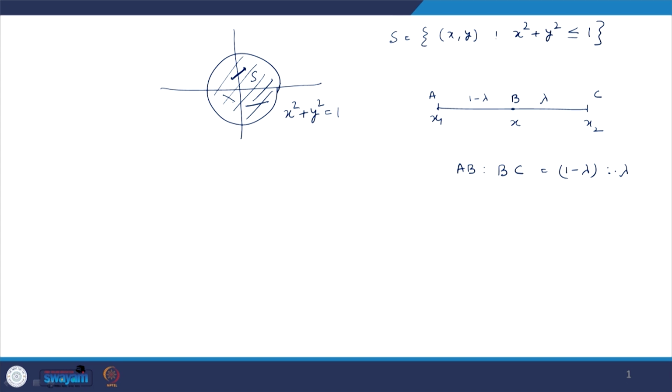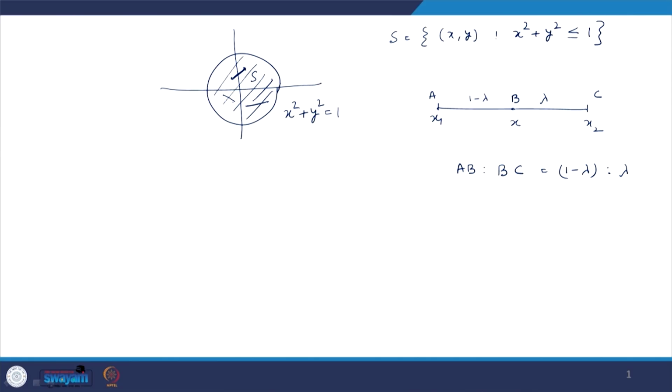So, first of all, this B must be in between x1 and x2. To ensure that, these two ratios must be non-negative, because if any one of them is negative, this point B will go outside C or outside A. We want B to be in between x1 and x2.